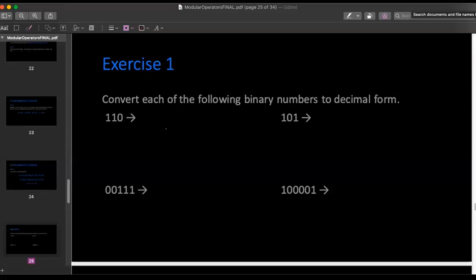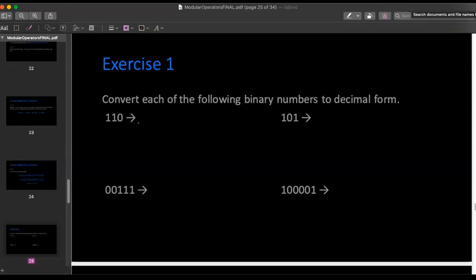All right. Does anyone want to try this first problem? Does anyone want to get on the microphone? I will do it.